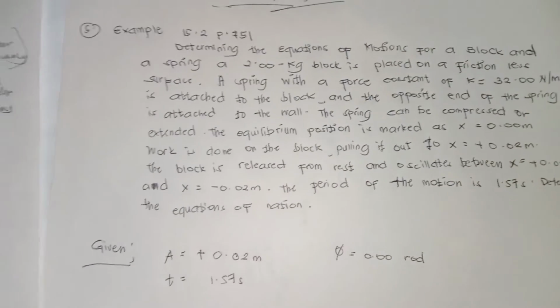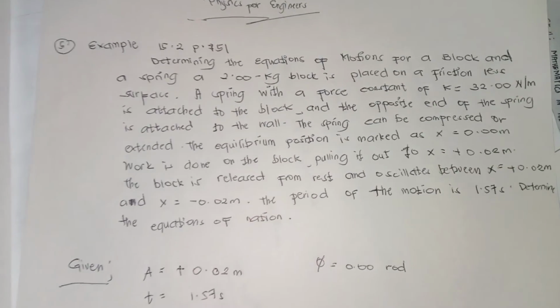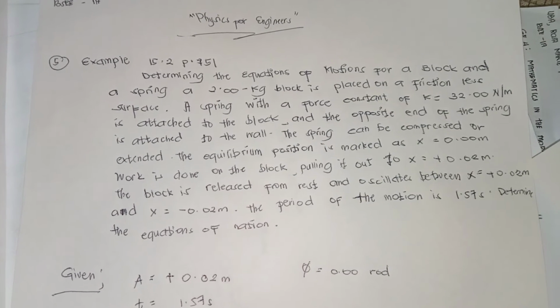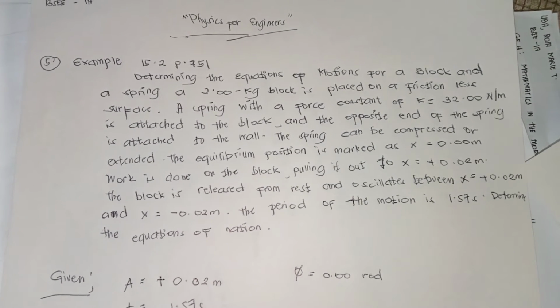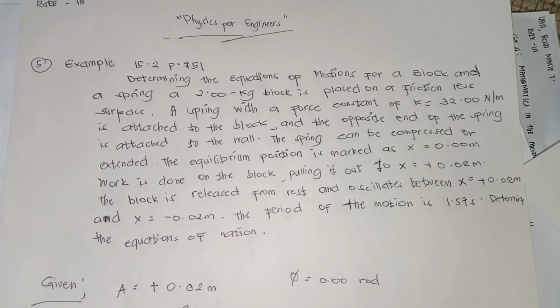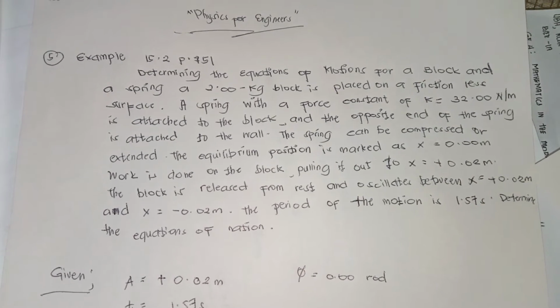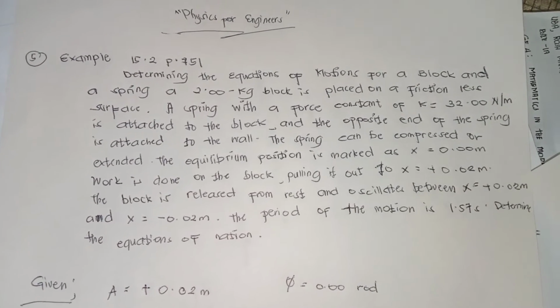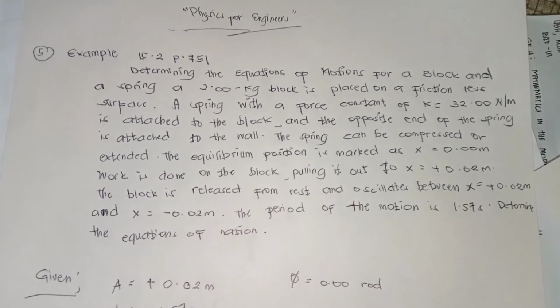So, problem set number 5, example 15.2, page 751, determining the equations of motion for a block and a spring. A 2.00 kilogram block is placed on a frictionless surface.